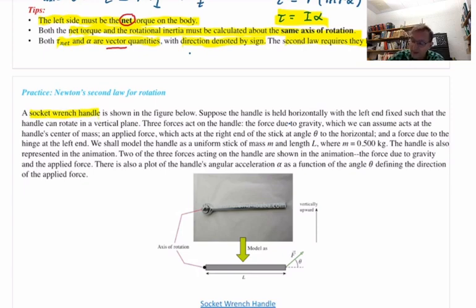So if you'll allow me, I'm going to do that right now. Phi to the horizontal, phi. And there's a force due to the hinge at the left end.